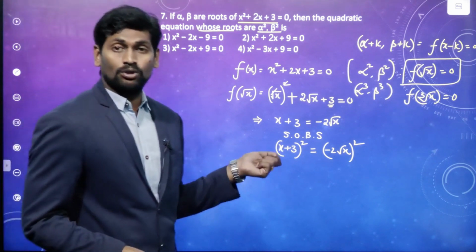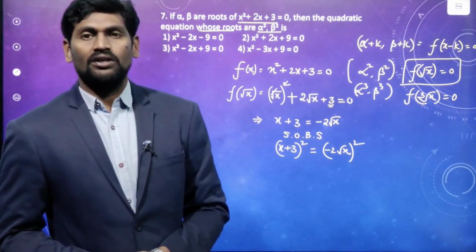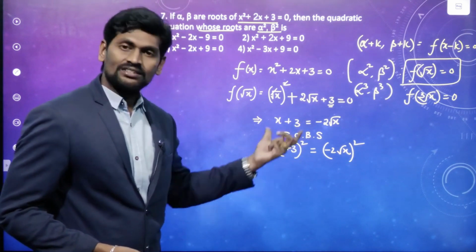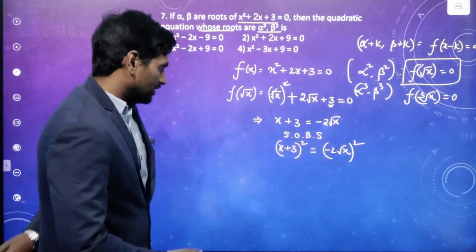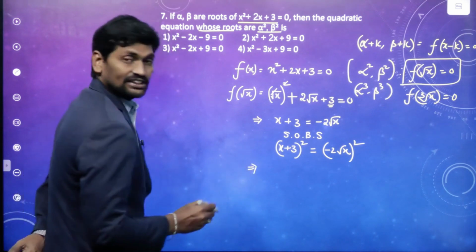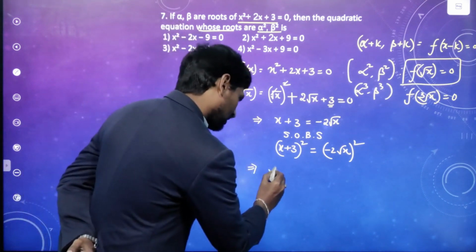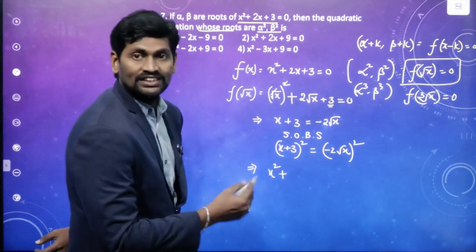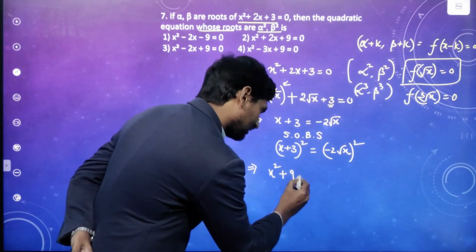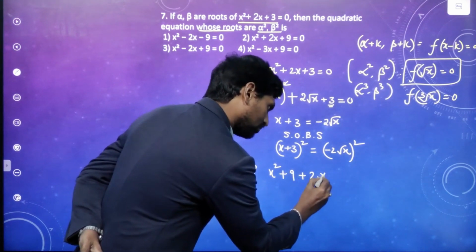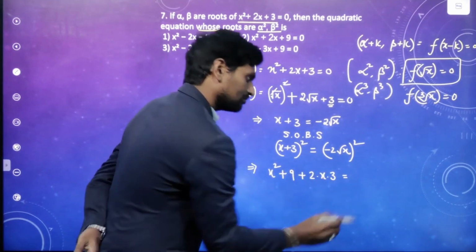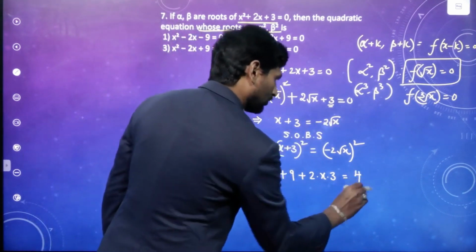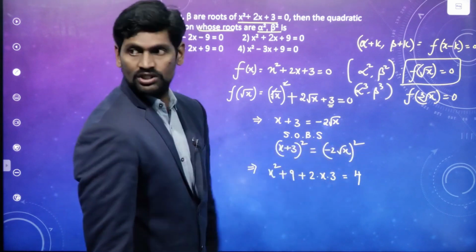Very good, a plus b whole square form. What is the a plus b whole square formula? a square plus b square plus 2ab. So let me expand it that way. a square means x square, plus b square, b value 3, 3 square value is 9, plus 2ab, 2 into x into 3. Now minus 2 whole square is 4, and root x whole square is x.